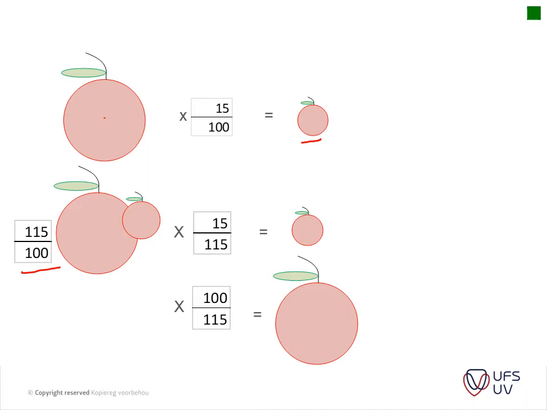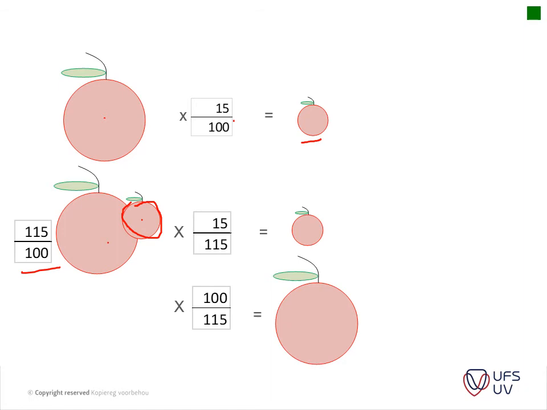If you times this with 15 over 100, you will get what we had in the previous slide, that small little apple with an even smaller little apple on that. So to get the right amount out of this, if you want to take this back to 100 and get an item that you can subtract from this, you need to times it with 100 over 115.